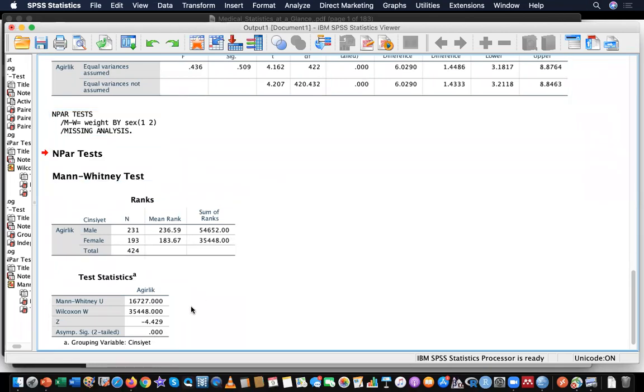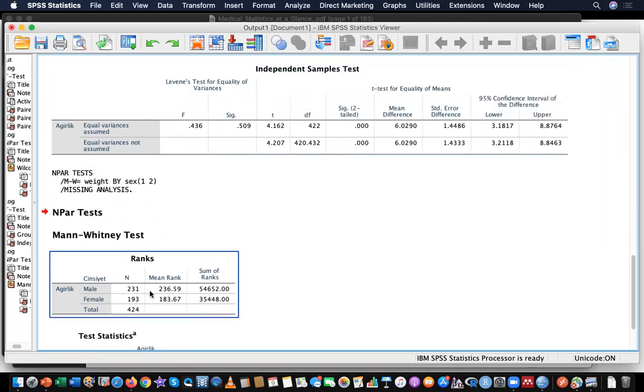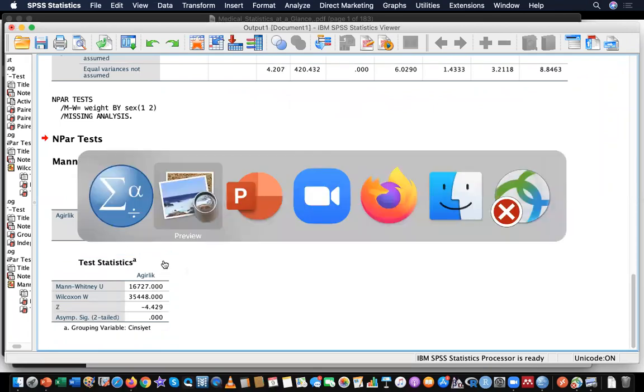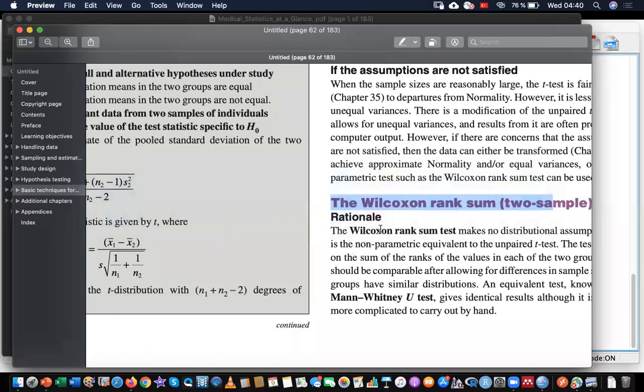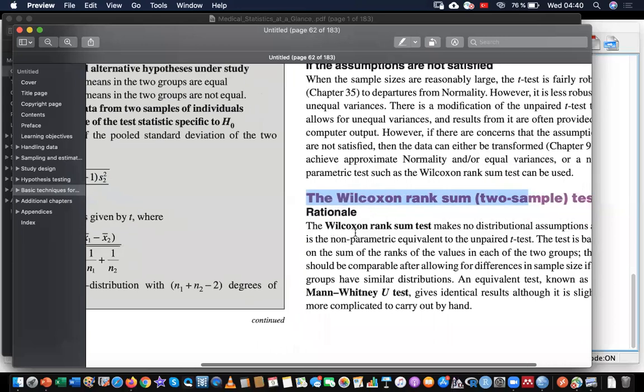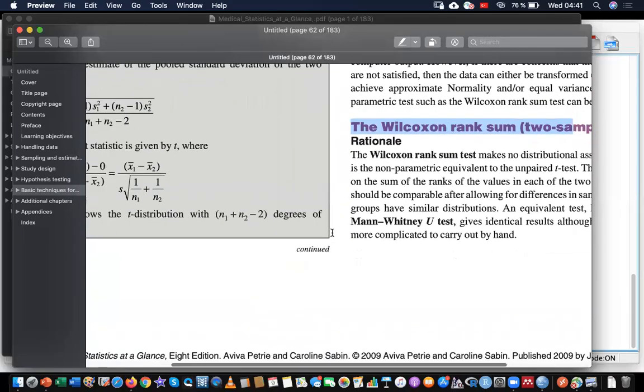But even though they are similar, sometimes they may be different. So it is crucial that you conduct the correct test. If you have to do the t-test, you do the t-test. Otherwise, if it is not possible, if you don't meet the assumptions, you go for the Mann-Whitney test.